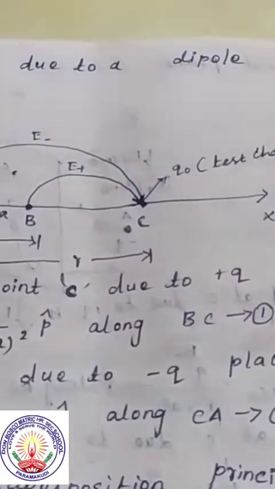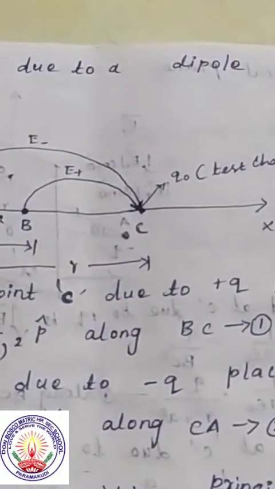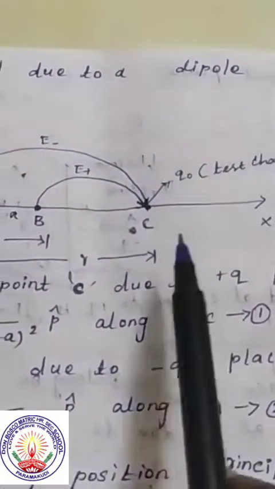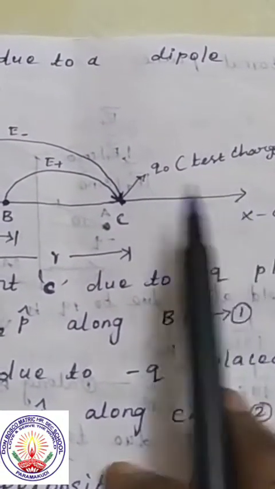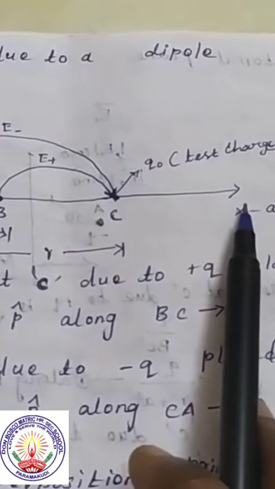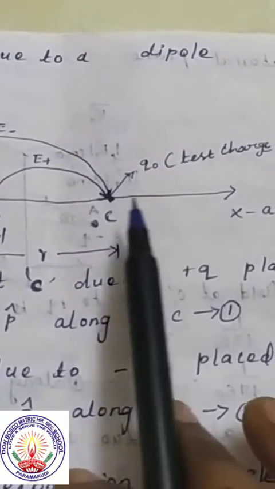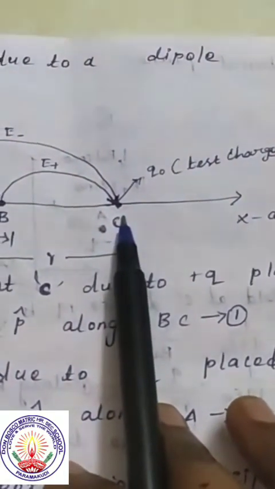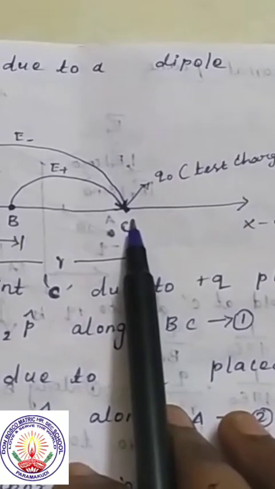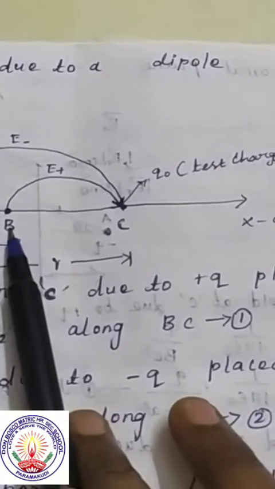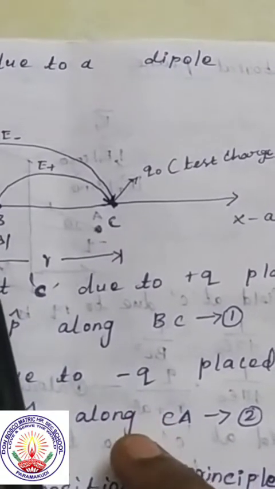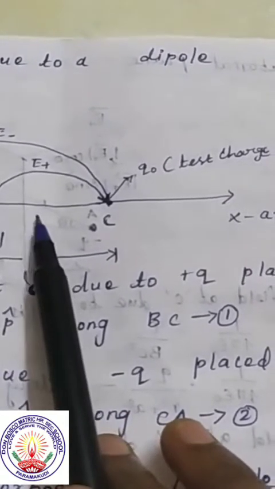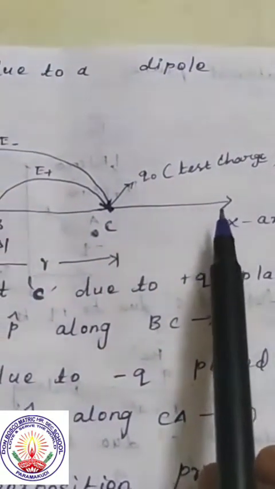So listen, let us consider an electric dipole placed on the x-axis. This is the x-axis. Electric dipole is placed on this x-axis. Then next, a point C is located at a distance of r from the midpoint O of the dipole along the axial line.